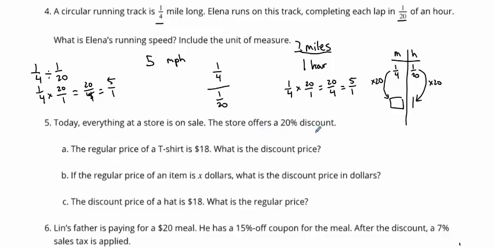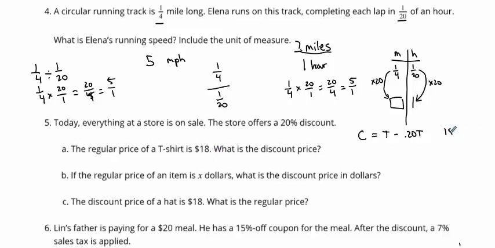Either the final cost is equal to the t-shirt price minus 20% of the t-shirt price. So we're going to take the t-shirt price and subtract 20% of that. If we take 18 and find 20% of 18, then subtract it, that will give us the discount price.